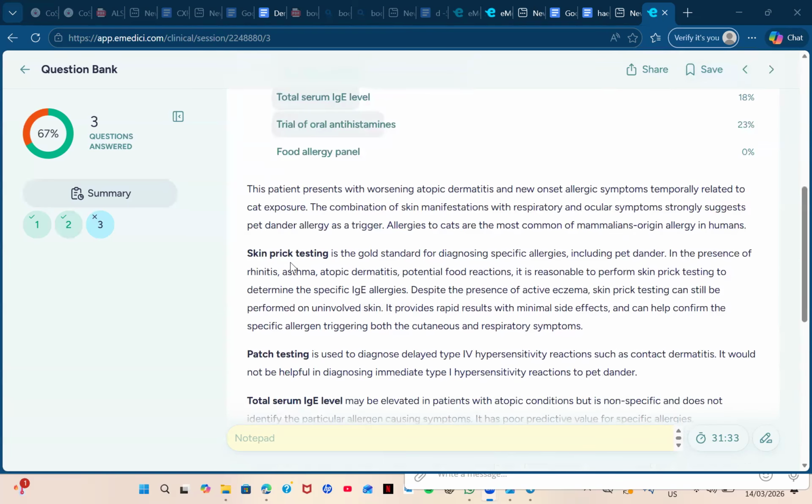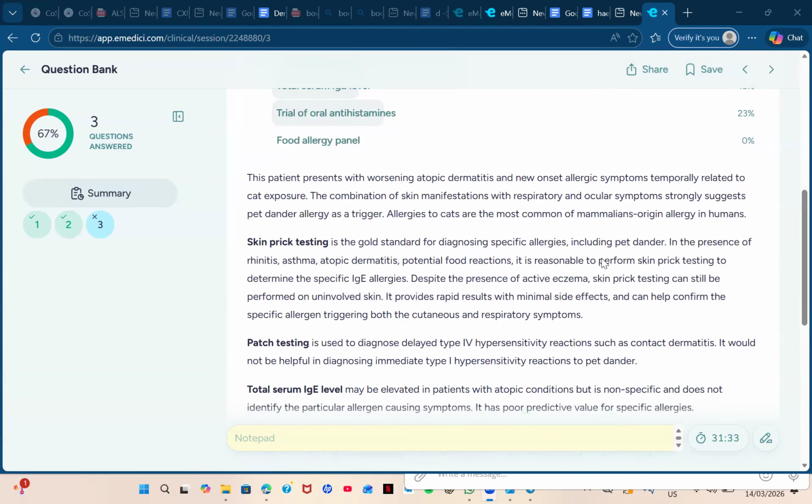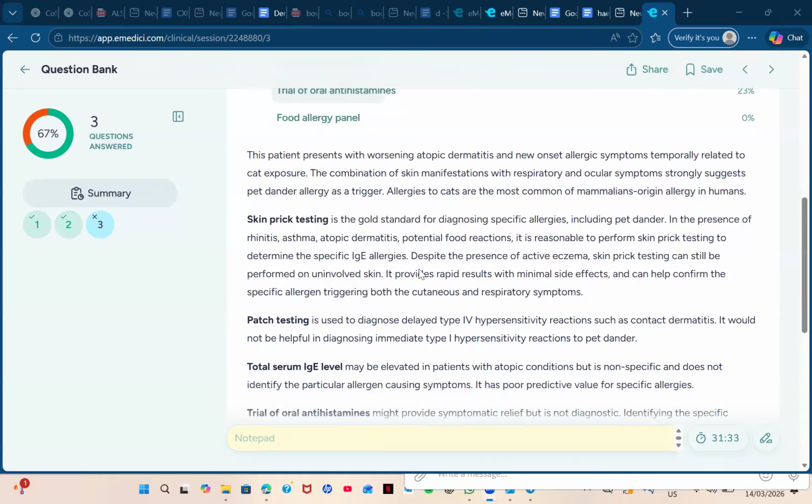So, a skin prick test is the gold standard for diagnosing specific allergies, including pet dander, and in the presence of rhinitis, asthma, atopic dermatitis, or potential food reactions, it is reasonable to perform a skin prick test to determine the specific IgE allergy.